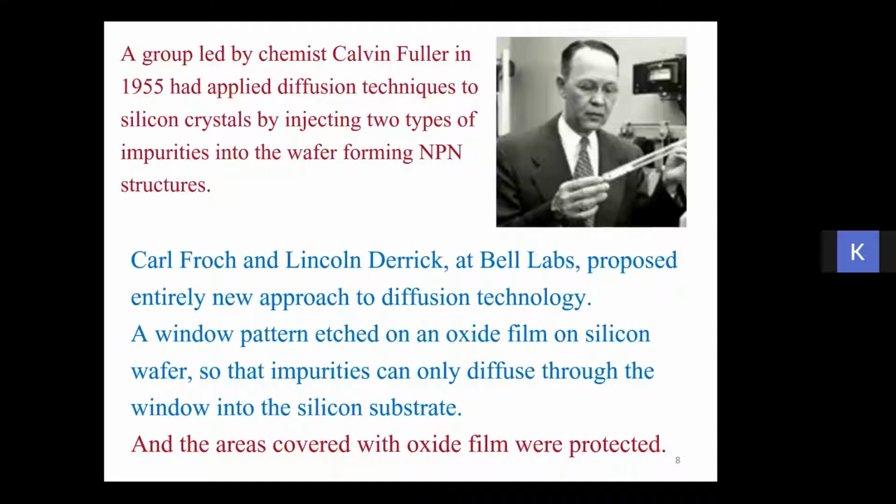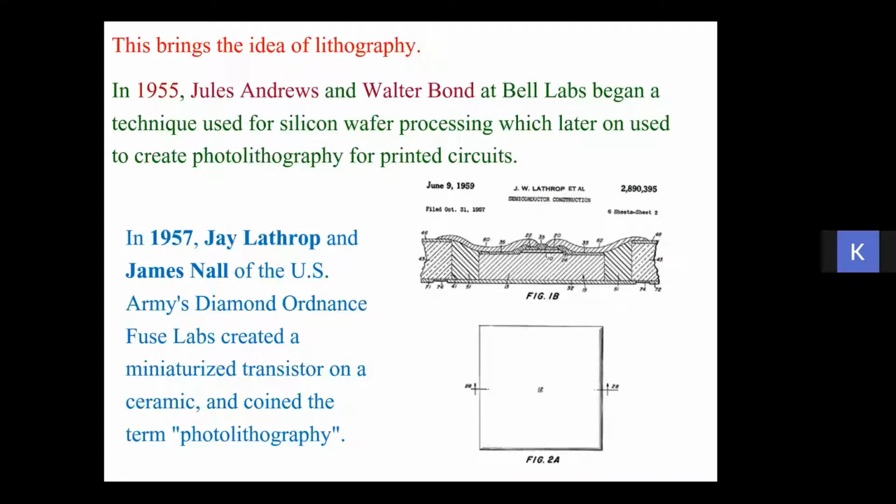The region where the window has been created, there the doping will be formed, whereas the oxide on the other region will create a protective layer for the doping. So obviously this will create selective doping regions.